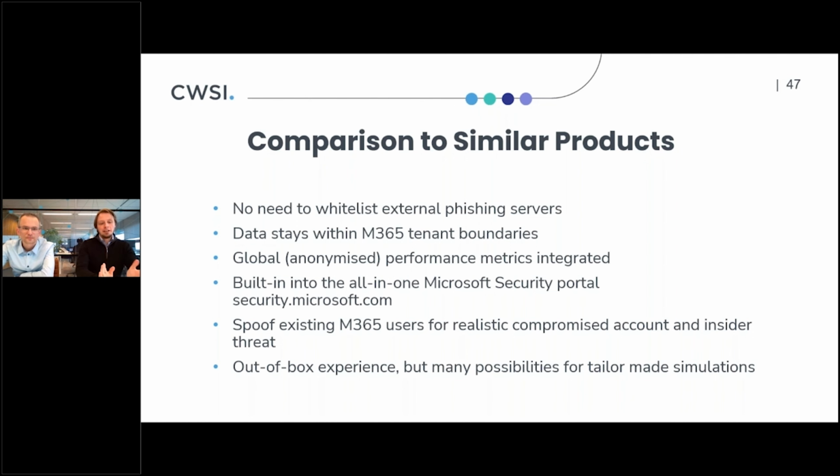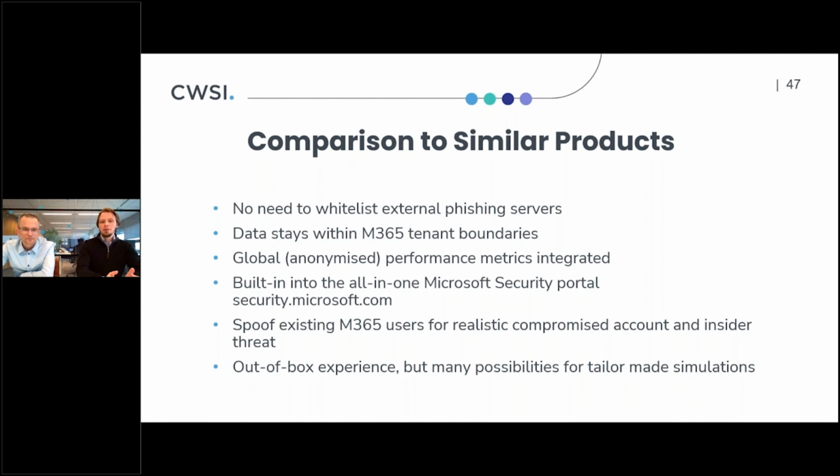Funnily enough, or interestingly enough, if you use Defender for Office 365 Advanced Phishing Protection, every email will be opened and every link will be opened in a sandbox environment before an email is delivered to an Exchange Online email inbox.